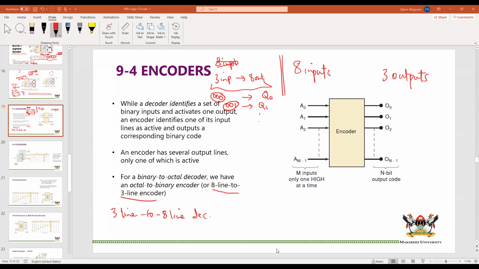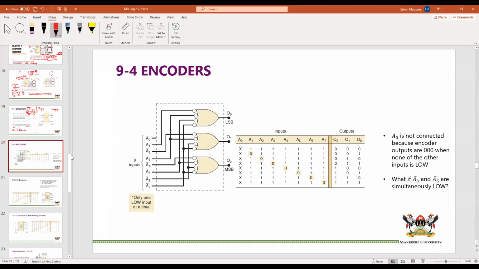That shouldn't be strange to you. Let's look at an example so that we can deal with the real specifics of this. This, as you can see, has 8 inputs and 3 outputs. So this is a typical 8-line to 3-line encoder.